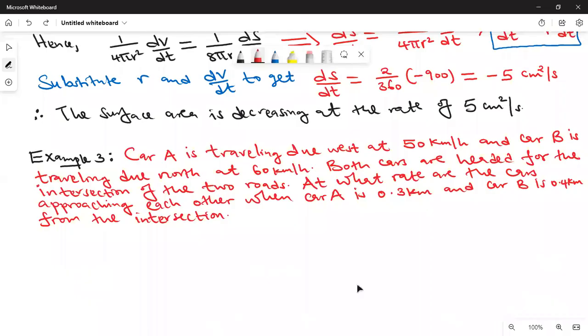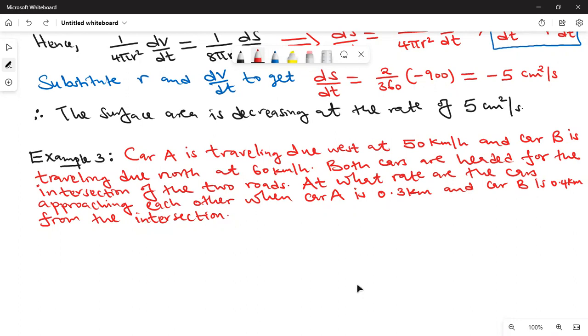In example number 3, we are told that we have two cars, A and B. The first car A is traveling due west at 50 kilometers per hour, and the other car B is traveling due north at 60 kilometers per hour. Both cars are headed for the intersection of the two roads.